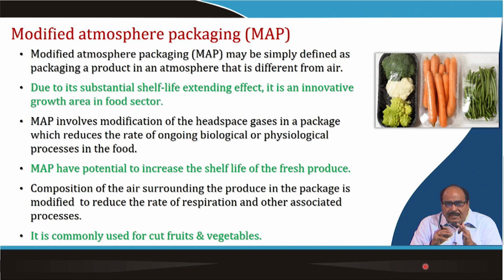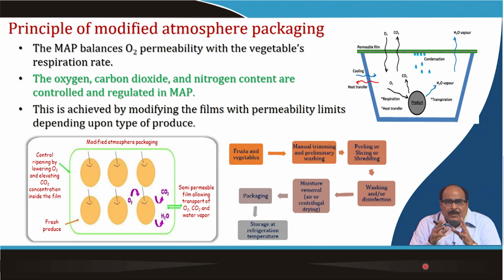Composition of the air surrounding the produce in the package is modified mainly to reduce the rate of respiration and other associated processes, and it is commonly used for even cut fruits and vegetable packaging or even whole fruits and vegetables.